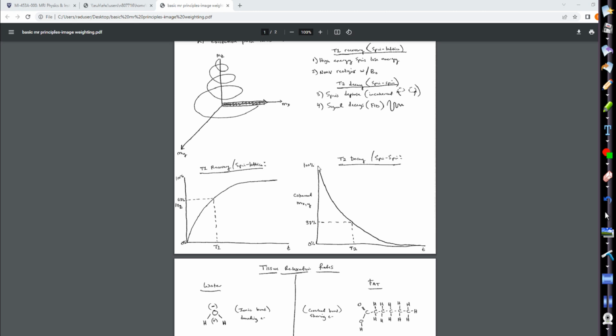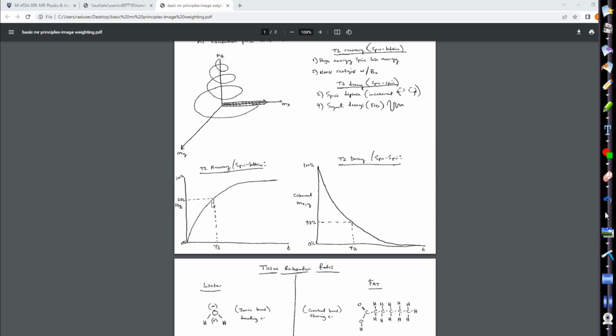So we start off at 100%. And since it's called T2 decay, our signal and our vector length and size decays rapidly. We consider a tissue fully decayed when it only has 37% remaining. Or you could also refer to it as it has lost 63% of its value.